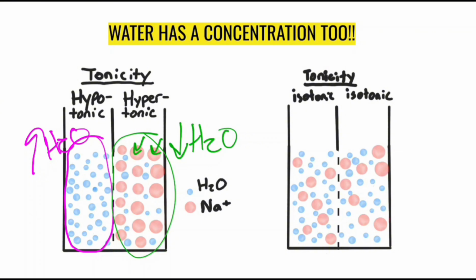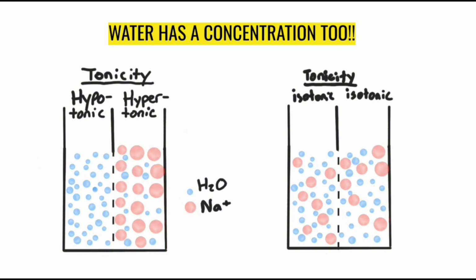So when we talk about tonicity, two types of solutions. We have hypotonic. What does that mean? It means there is less of the impermeable solute, which means there is actually more water in terms of concentration. On the other hand, if we talk about hypertonic solutions, what does that mean?